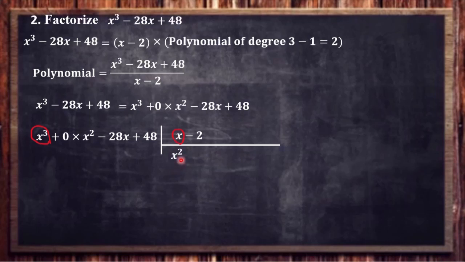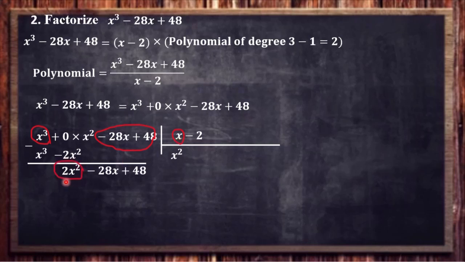We multiply x with x squared, it will be x cubed. We write it here. We multiply negative 2 with x squared, we write it here. And then we subtract this, and we will have here 0 and here 2x squared. And then we take the rest of the polynomial, rewrite it here.